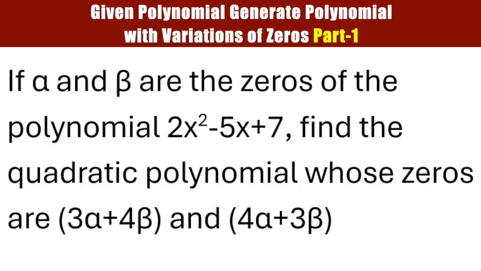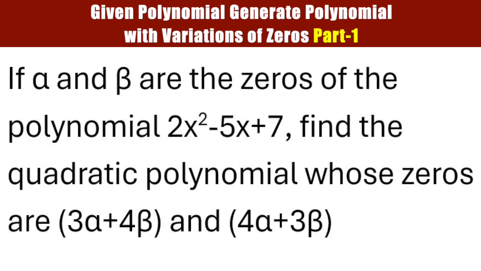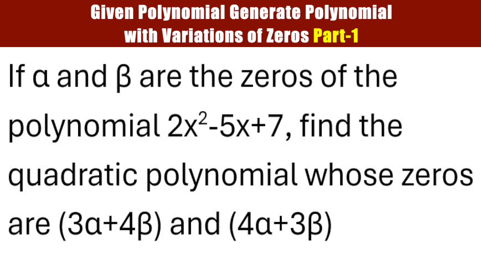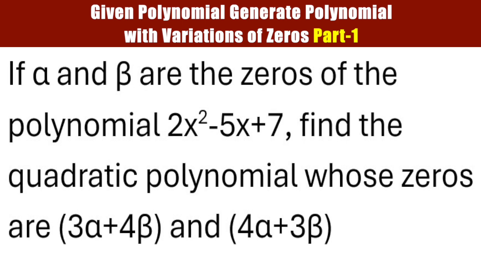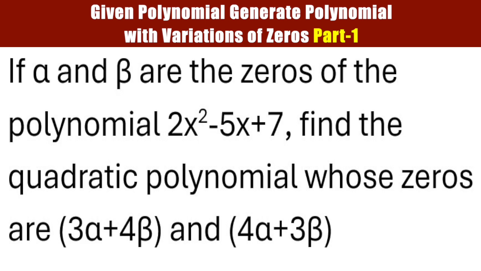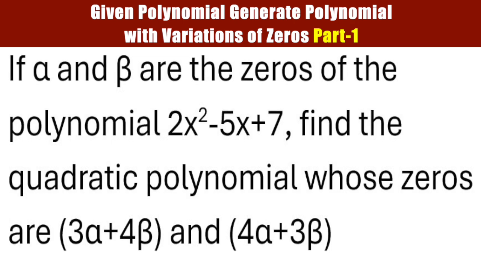If alpha and beta are the zeros of the polynomial 2x squared minus 5x plus 7, find the quadratic polynomial whose zeros are 3 alpha plus 4 beta and 4 alpha plus 3 beta. Now let's note down the polynomial and the relation.